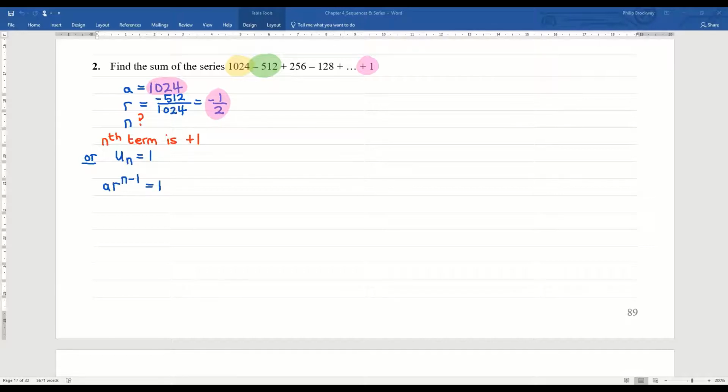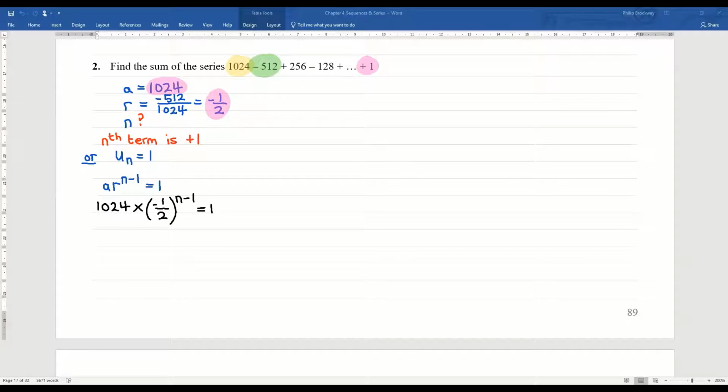Now we have to substitute in what we know. Well, we know A, so I can put that in. That's going to be 1024. Now R is -1/2. So we have to multiply that by -1/2 raised to the power n subtract 1. And apparently all that is equal to 1.